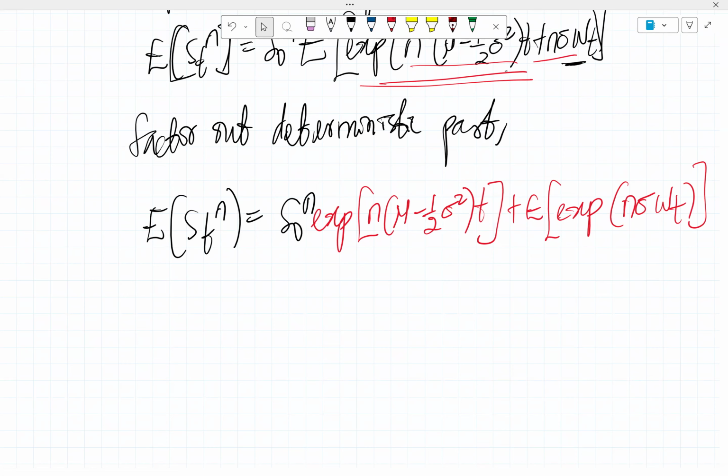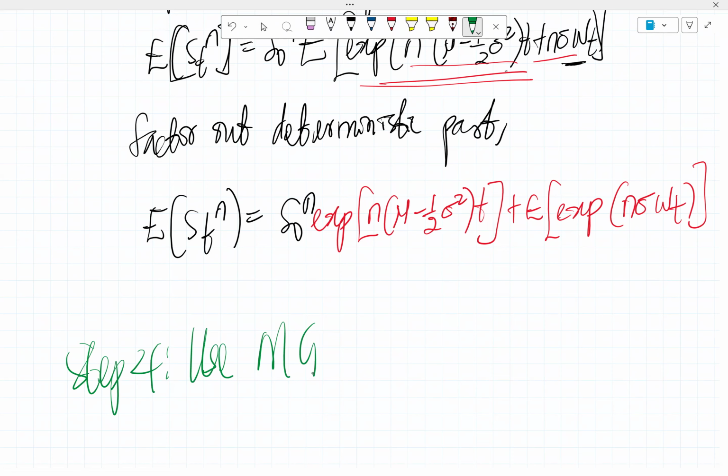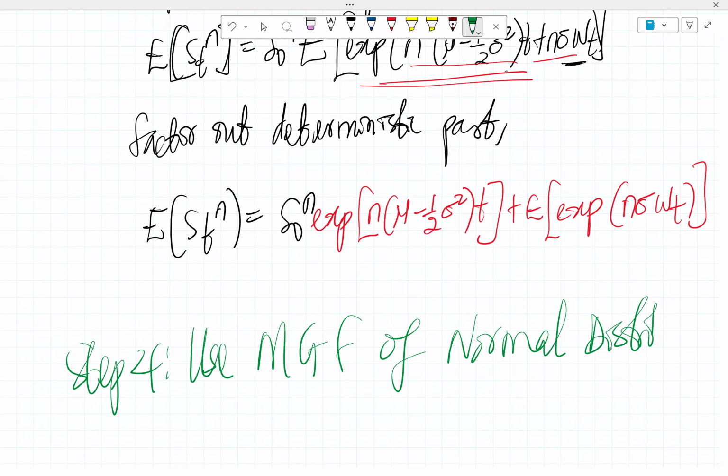So we go to step 4 now. Step 4, we use the moment generating function of the normal distribution to continue the process.